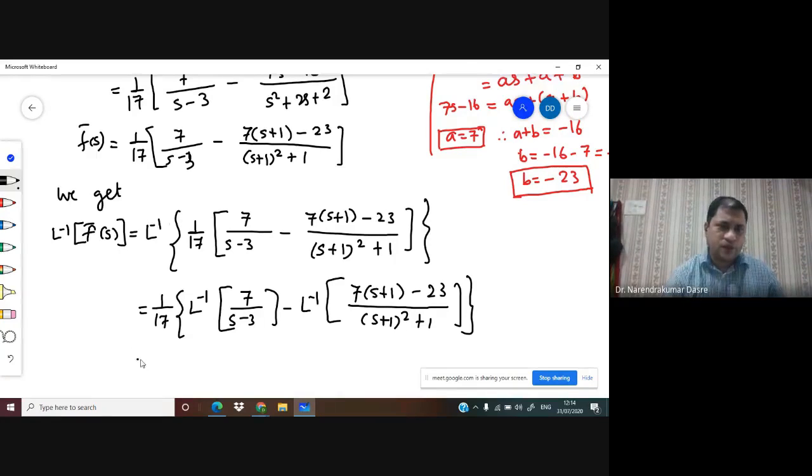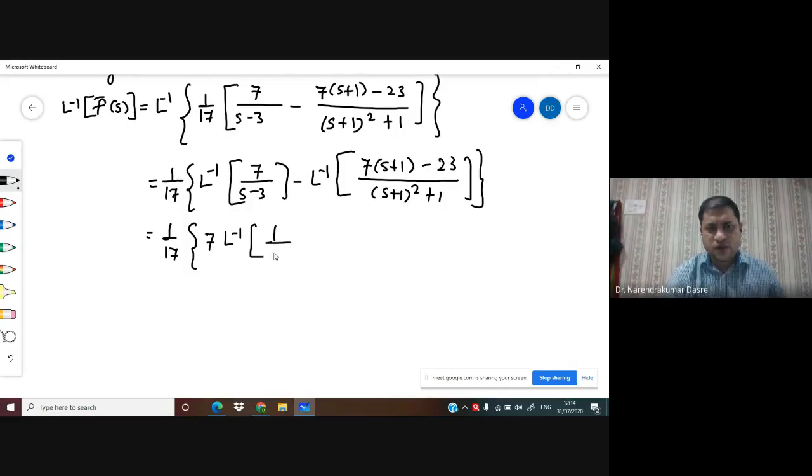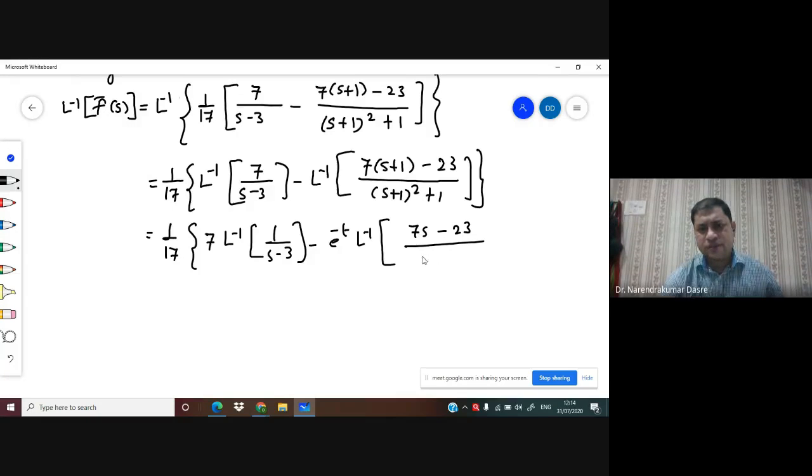Okay, and this is equal to, what is the term we are able to get here. We have 1 by 17 times [7 times the Laplace inverse of 1 upon s minus 3 minus e raised to minus t times the Laplace inverse of (7s minus 23) upon s square plus 1].